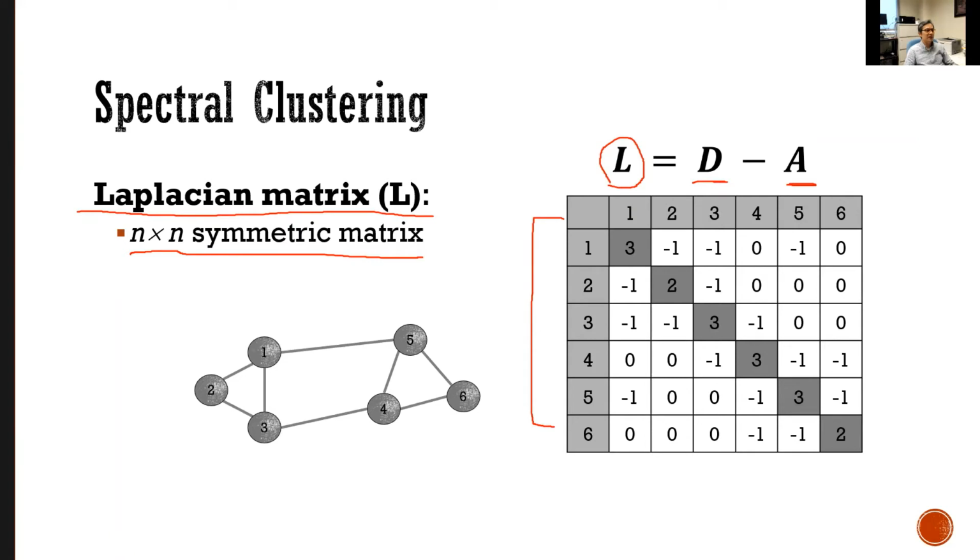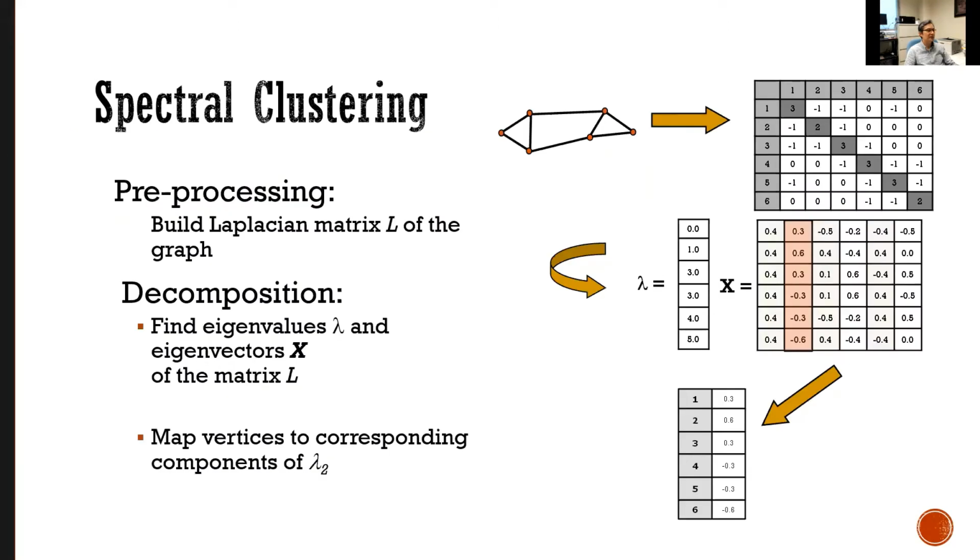Because of the minus, there are negative values in the off-diagonal positions. Once you have this, that's the key. We are going to do eigenvalue and eigenvector decomposition of this square matrix. So those are the main steps for spectral clustering.